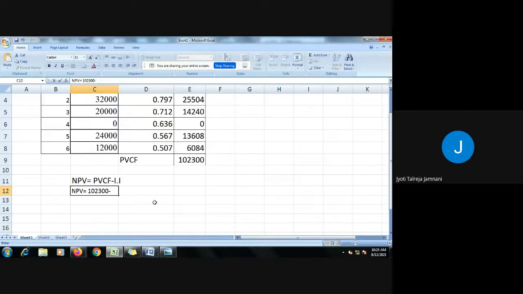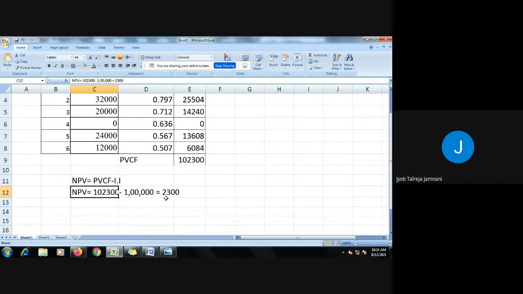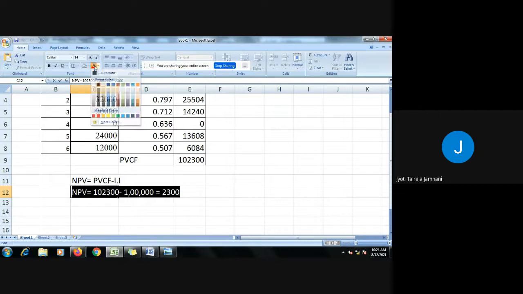So minus 1 lakh, your NPV will be equal to 2,300. It is a positive NPV. That means the company is earning more than its investment, 2,300 rupees more it is earning. So your NPV is positive. Okay, make it red.